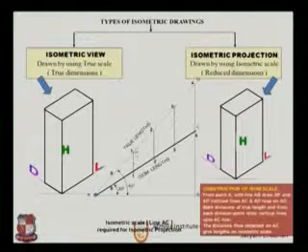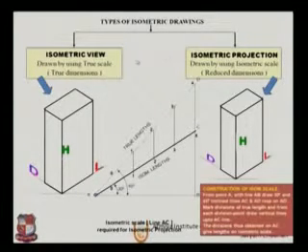So the divisions thus obtained on AC give the lengths on the isometric scale. We can use these lengths to draw isometric projection, and hence it's called reduced dimension.